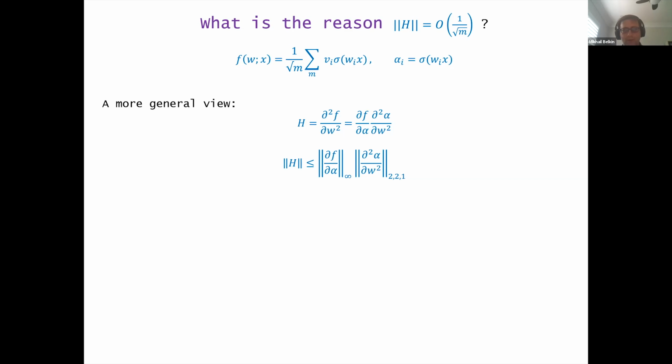So, a more general view: what is the Hessian? In this case, the Hessian is d squared f divided by dw squared. And if you write alpha as a function of w, and call these alpha, the activations, then you get this formula that the Hessian is simply this.